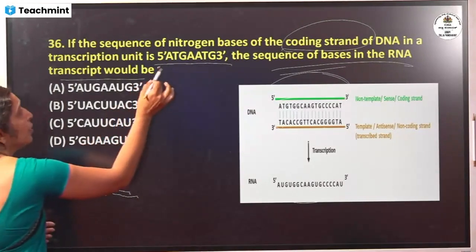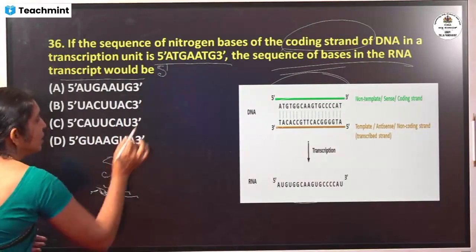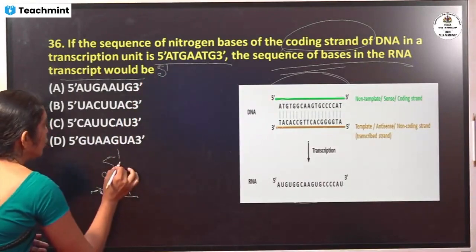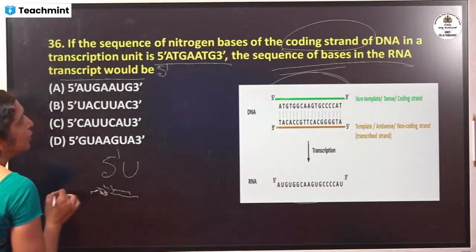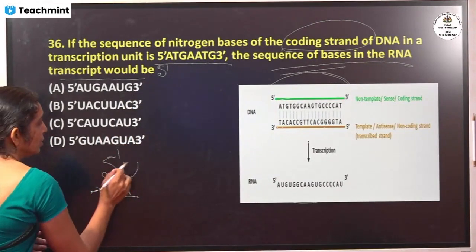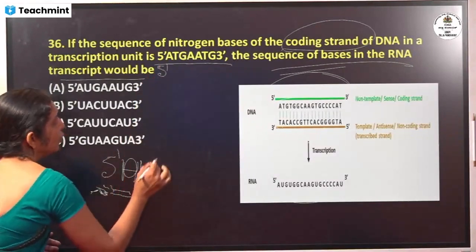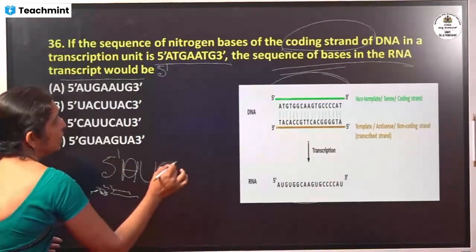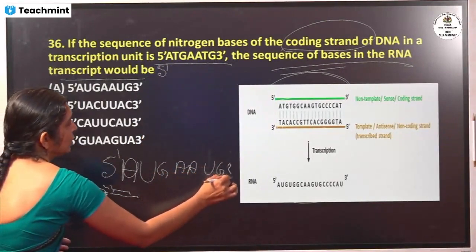It will be 5' AUG, wherever there is T you will have U, G will be G, A, U, G, 3'.